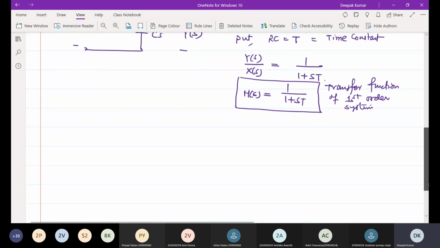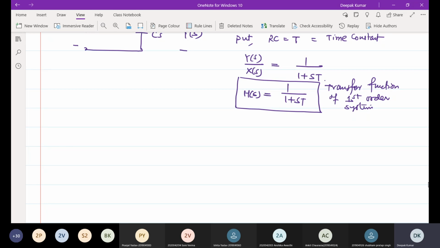That's why it is first order. And how will you verify? It can be verified from this equation also. You see the denominator. This is a first order equation. The power of s is 1. So it is also called a first order element.